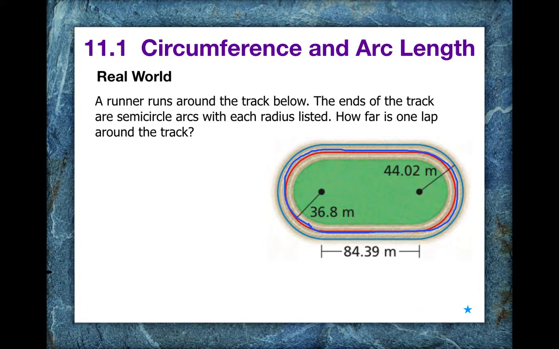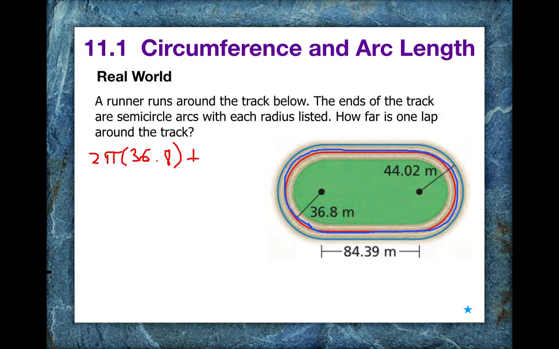So we're going to use that inside track to compute the length of one lap. To do that, we're going to take the circumference of the circle that has a radius of 36.8, so 2 pi r, which is 36.8. And we're going to add in 2 of these straightaways.